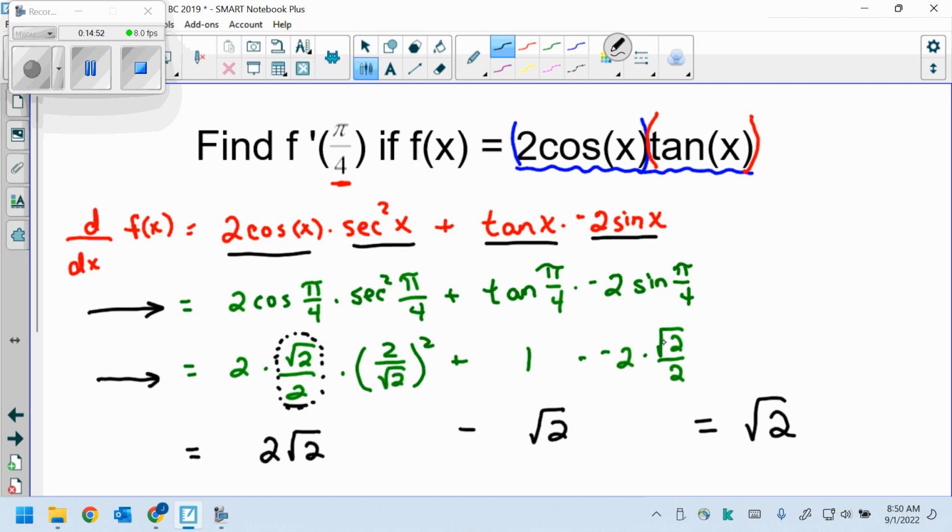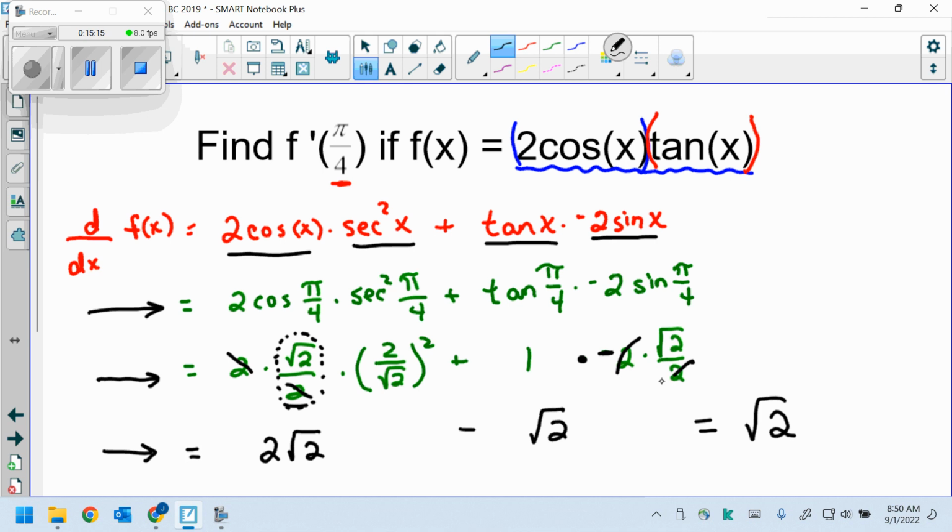Sine, yeah, okay. So I put all those in there, and what I'm going to get in the end is, when I square this guy, I'm getting 2. So I got 2 square roots of 2. This is going to be minus. This is a multiplication sign. That's a negative sign. Multiply this out, and I think we get square root of 2.